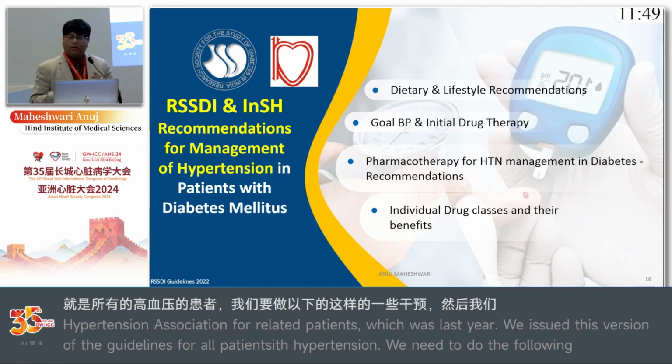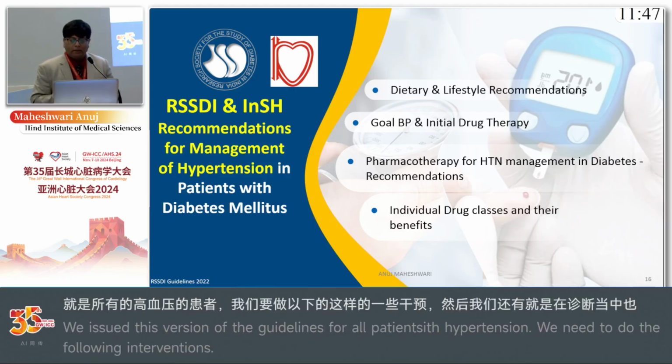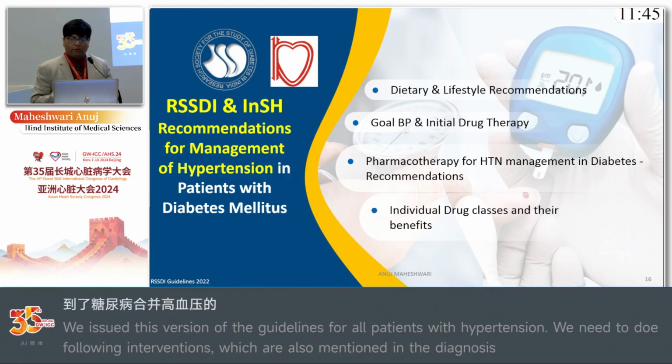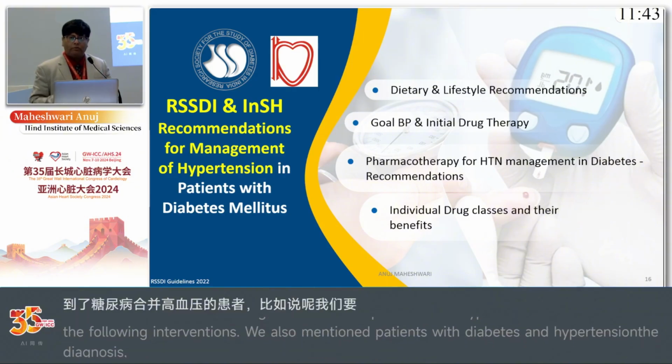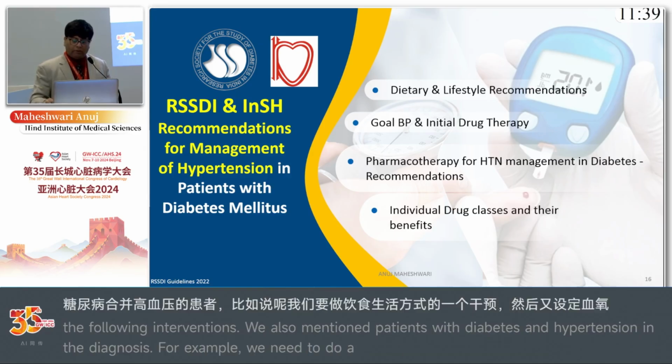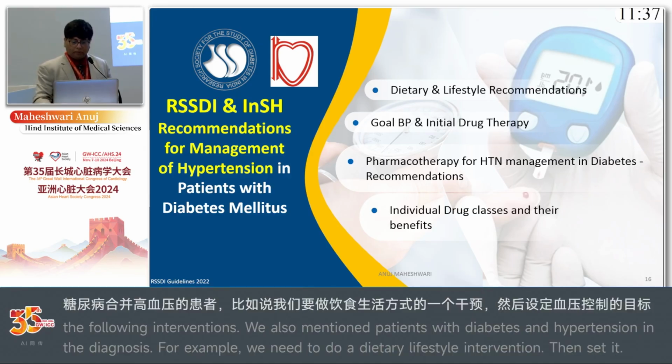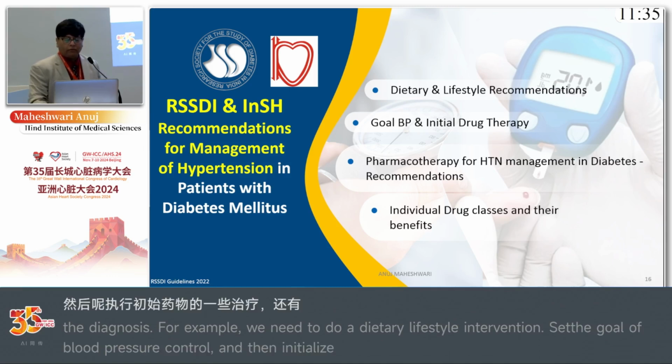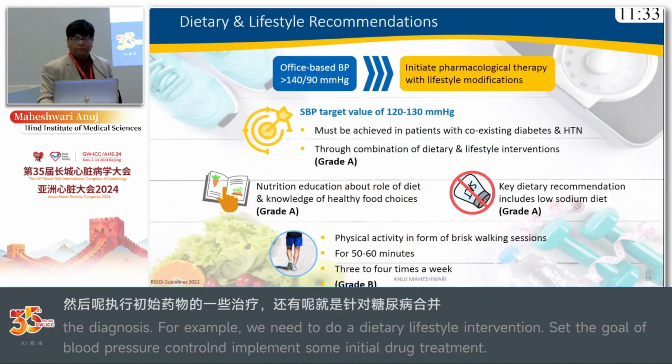They are mentioning the dietary and lifestyle recommendations, goal blood pressure, where to start the therapy, what pharmacotherapy should be preferred in hypertension management in diabetes, and benefits of the individual drug classes.